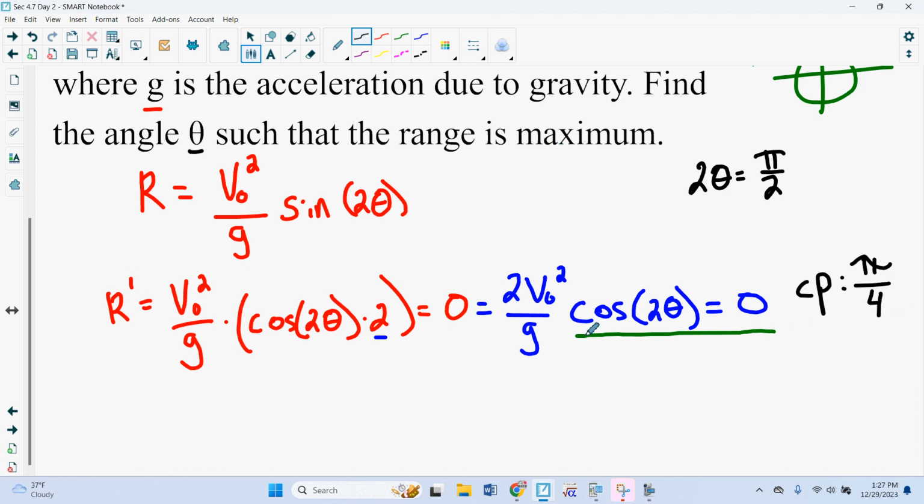Makes sense. But we still need to show that this is a maximum. We just found the critical point. We have to show it's a maximum. Maybe it's a minimum, and maybe our formula and our problem is not correct. So we know it has to be a maximum.